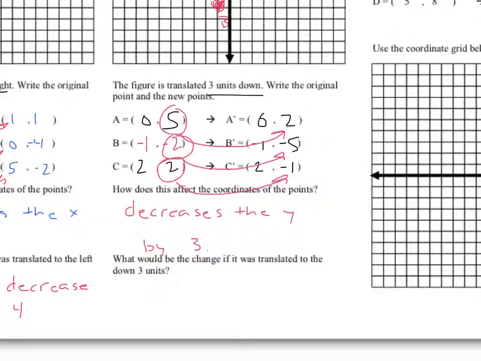What do you think would have happened if we had translated it up? How do you think that would have changed the coordinates? Destiny? Yeah, this would increase the y because it's still only going up and down.